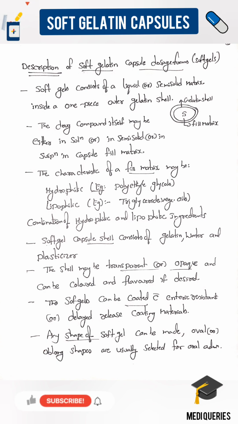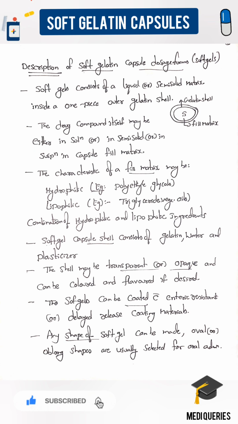Description of the soft gelatin capsule dosage forms. It mainly consists of a liquid or semi-solid matrix inside a one-piece outer gelatin shell. That is, it consists of a gelatin shell outside and inside it has a fill matrix.